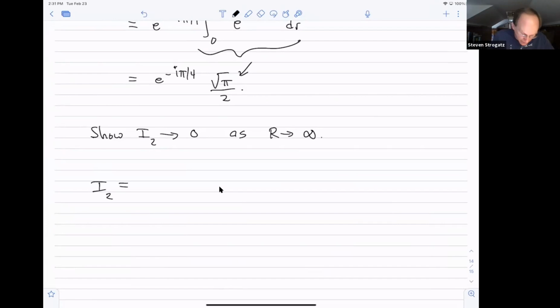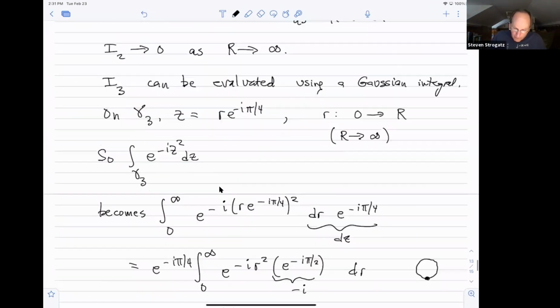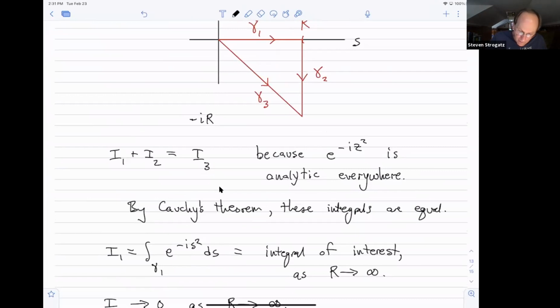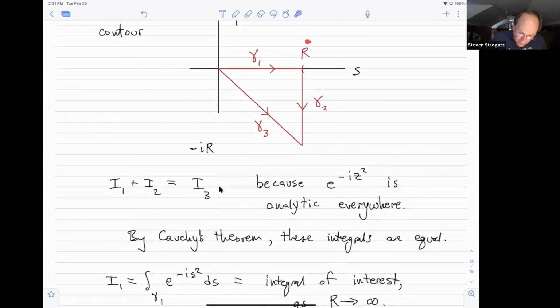So I2 is the integral over gamma 2 of e to the minus iz squared dz. Now the parameterization of that path is z is of the form, it has a real part always constant r, right? Because I'm over here at r.